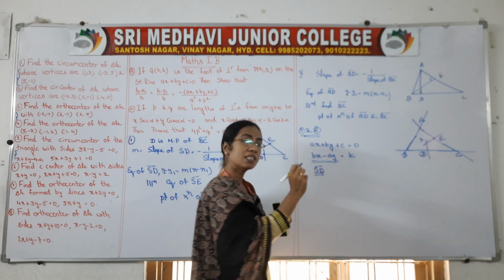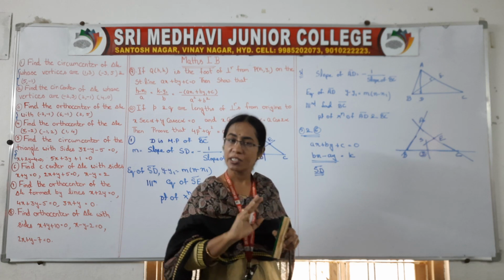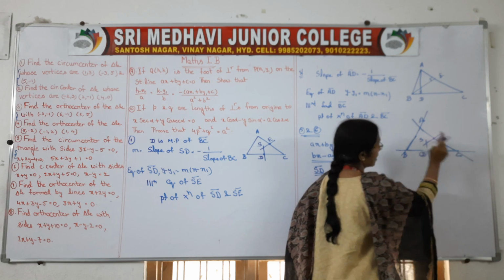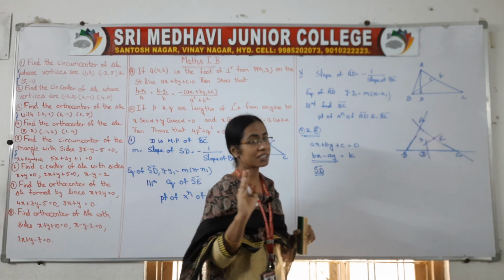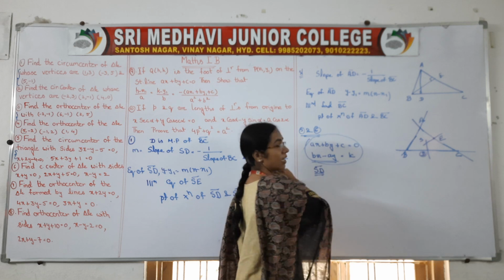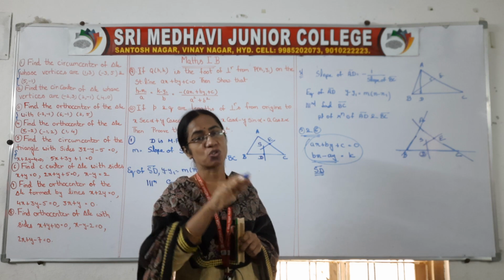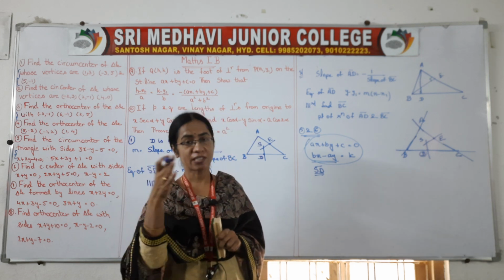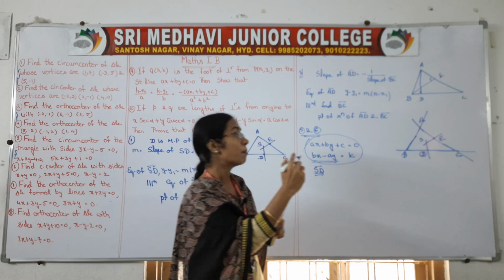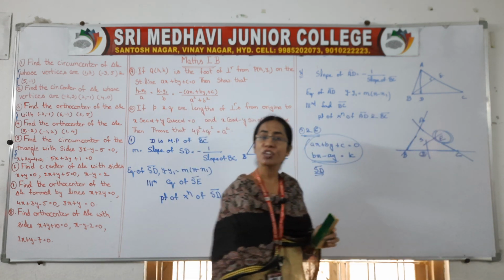Once you get the SD line equation, you find the SE line equation with the same procedure. SE is perpendicular to AC, and the AC line equation is given to us. Whenever we take a line perpendicular to another line, the x coefficient goes to y, the y coefficient comes to x, in the middle a minus sign, equal to k. That SE passes through E, where E is the midpoint of AC.